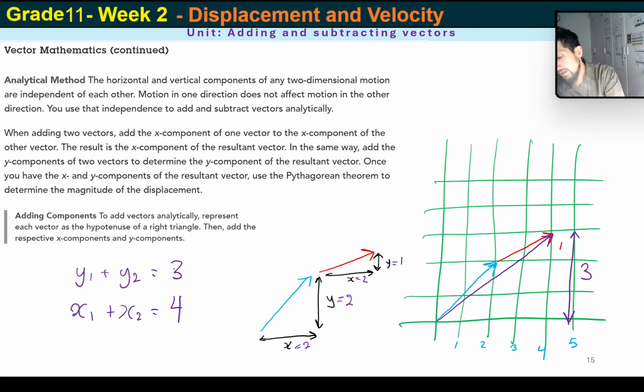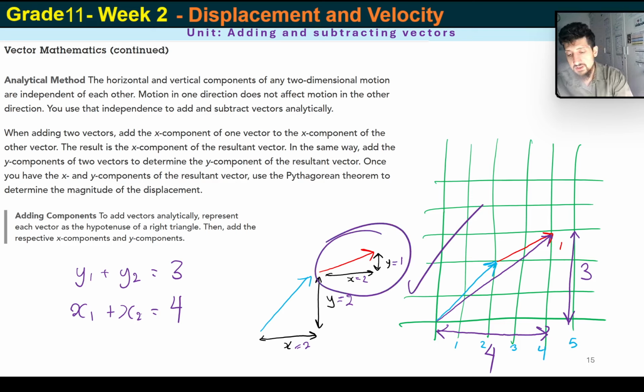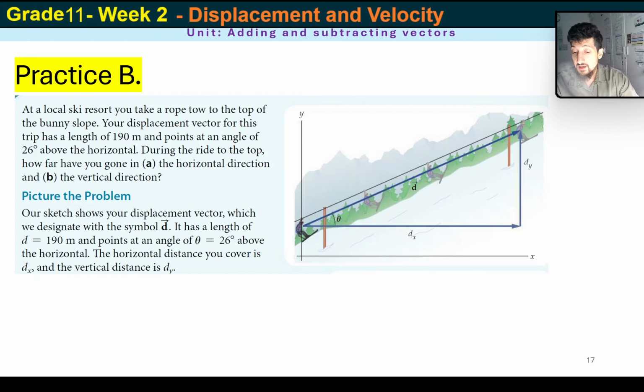Okay, and does it? 1, 2, 3, 4. It sure does. Maths works. Great. So there's two ways of adding vectors. You can add the head to the tail, or you can do the components, x and y, and add them together. Okay? Easy peasy, lemon squeezy.